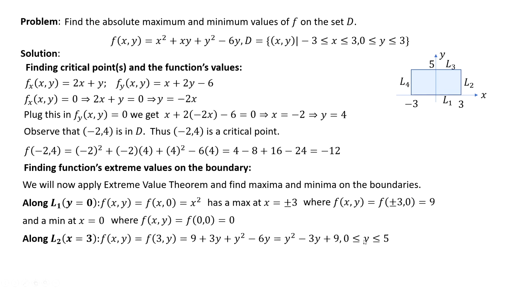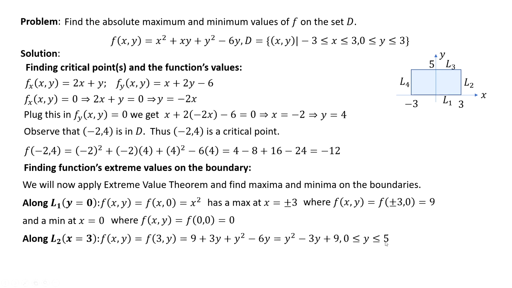So we are putting that condition. In fact, even for L1, we did put that condition that negative 3 is less than or equal to x less than or equal to positive 3. Similarly here, 0 is less than or equal to y less than or equal to 5.